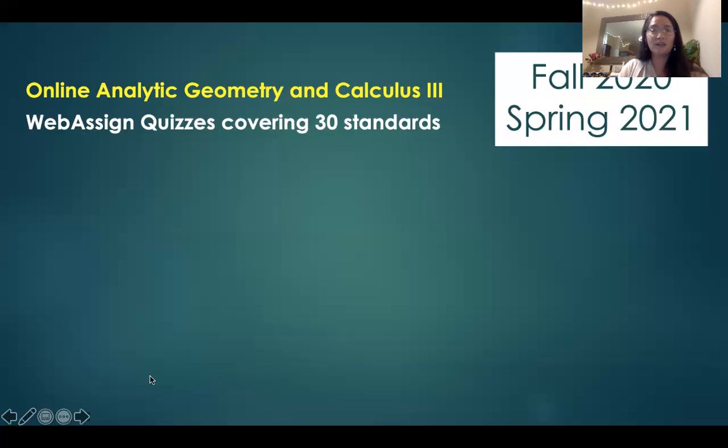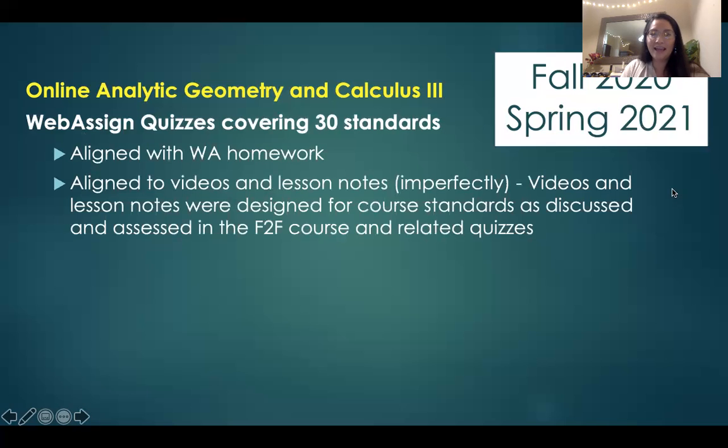Even in Calculus 3, which is a course that they would be taking in their 2nd year or perhaps 3rd year at TCC, depending on where they started in the math sequence. But the Webassign quizzes are aligned with the Webassign homework, and they are aligned to the videos and lesson notes imperfectly. So the videos and the lesson notes I created were for the standards-based grading course in the face-to-face environment.